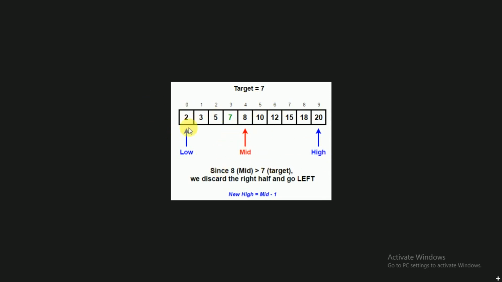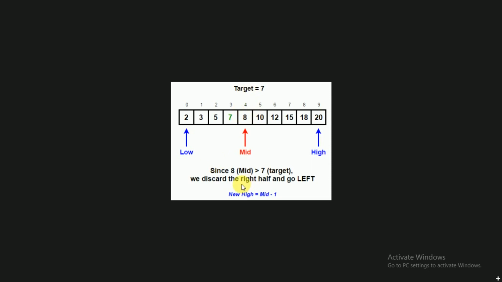Low is 0 here and high is 9, so 0 plus 9 is 9, divided by 2 it is 4.5. As we are dealing with integers, the decimal part is truncated and the value is 4. So the value of mid is 4 in this case.